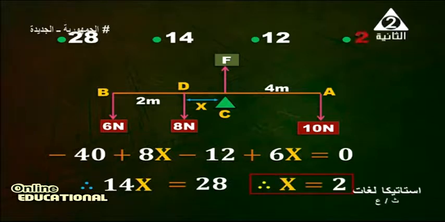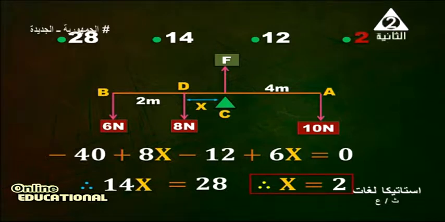28 divided by 14 equals what? Equals 2. In this example, to find the value of x, we must find the moment about C. Someone says, maybe the force equals summation 6 plus 8 plus 10 equals 28 Newton. After that, we find moment at A to calculate the distance x.